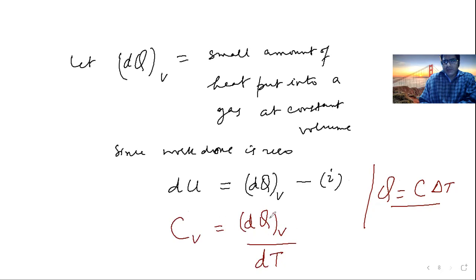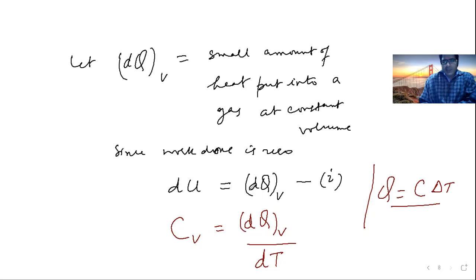Now, if dq subscript V is heat put into the system at constant volume, heat capacity at constant volume is heat put into the system at constant volume over change in temperature, right?